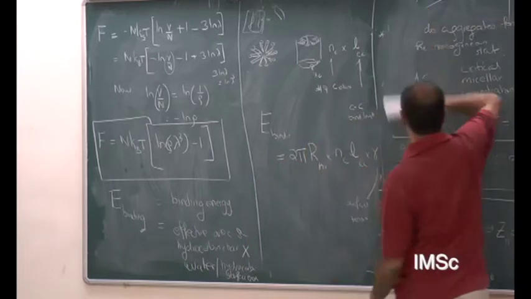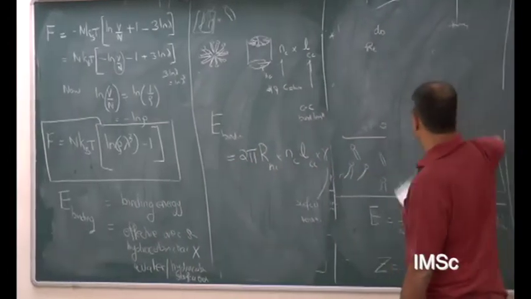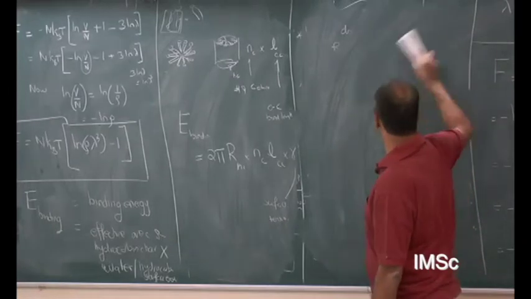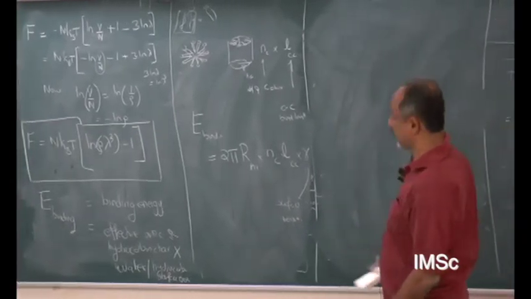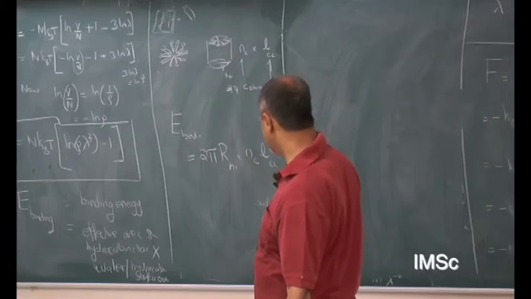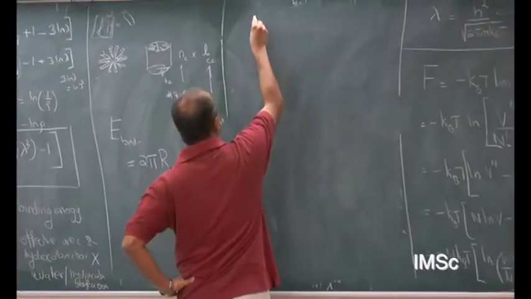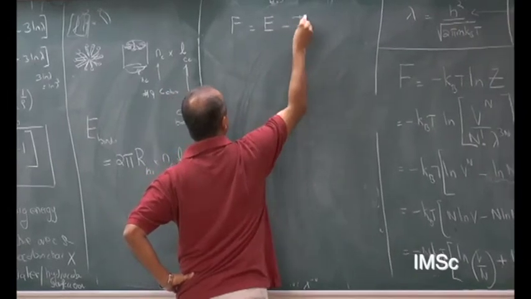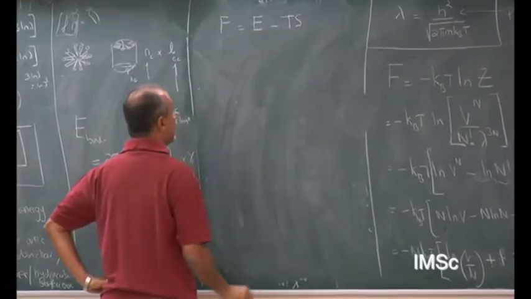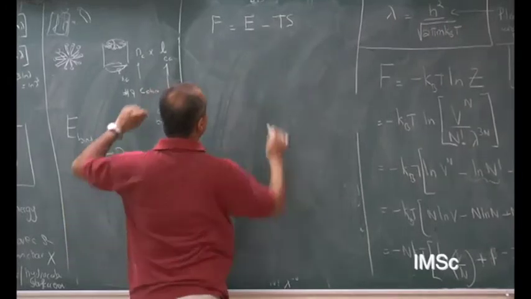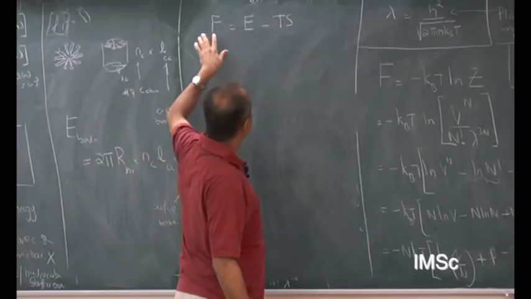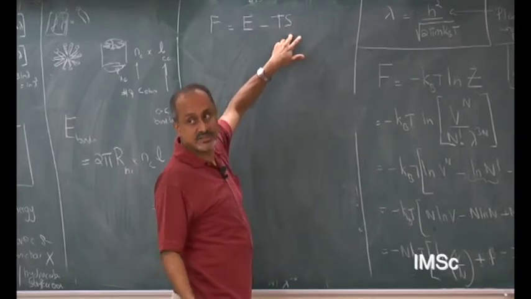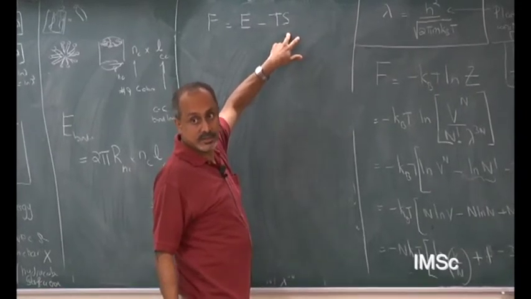Okay, so now we are in a position to calculate the free energy together. And this is the energy gain from binding. Remember that the free energy is the internal energy minus T times S. If S dominates, then the free energy is negative, because this I can ignore, and S is always a number greater than 0.